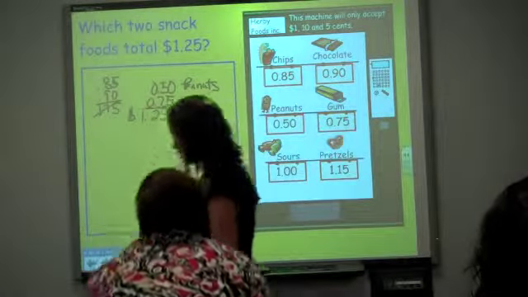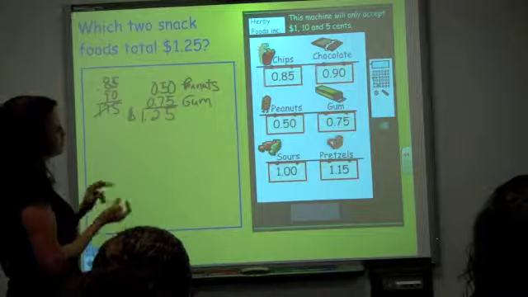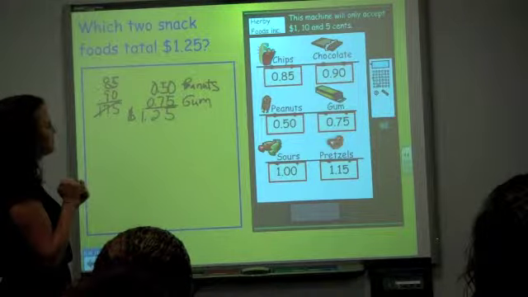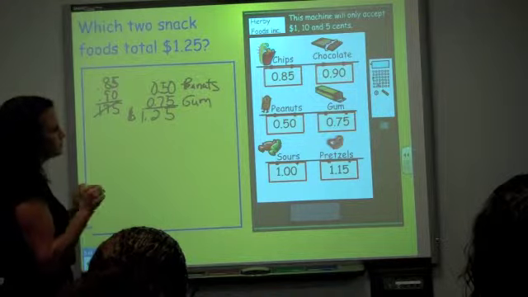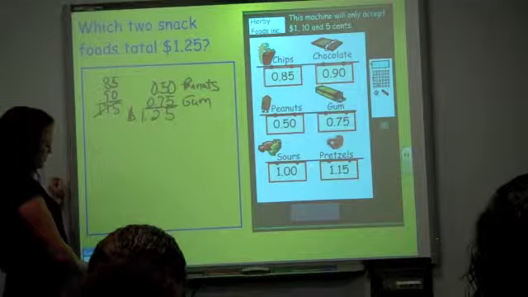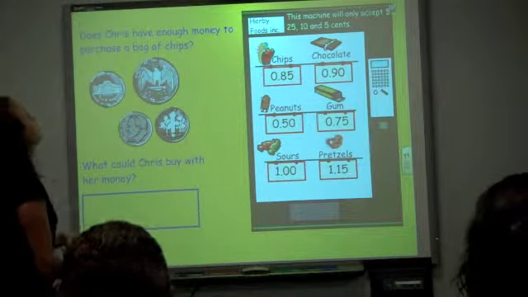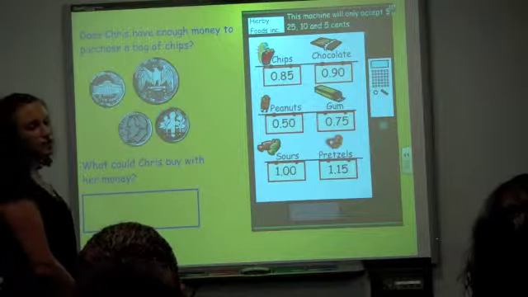Okay, so the peanuts and the gum equals $1.25. The peanuts is 50 cents, which is 2 quarters. And the gum is 75 cents, which is 3 quarters, because we remember a quarter is worth 25 cents. Okay? Next slide, Christina. Does Chris have enough money to purchase a bag of chips?